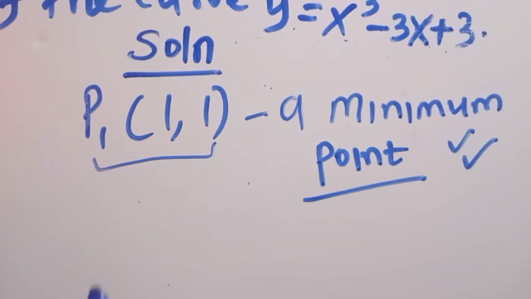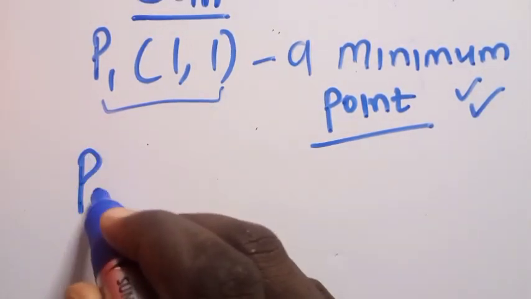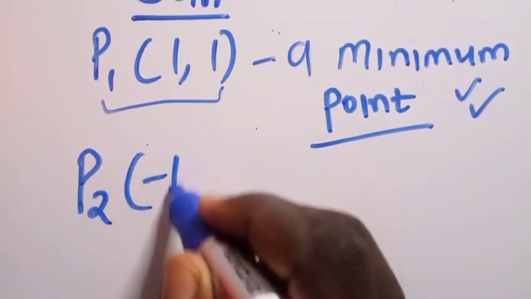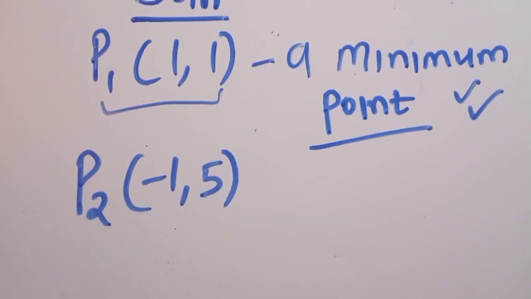Now let us check the second stationary point. The second stationary point is negative 1, 5. We can use the same procedure to check whether it is a minimum, a maximum, or a point of inflection.